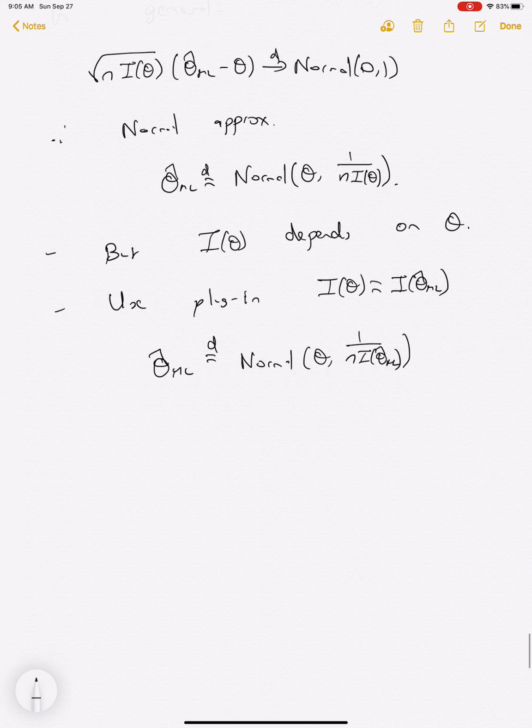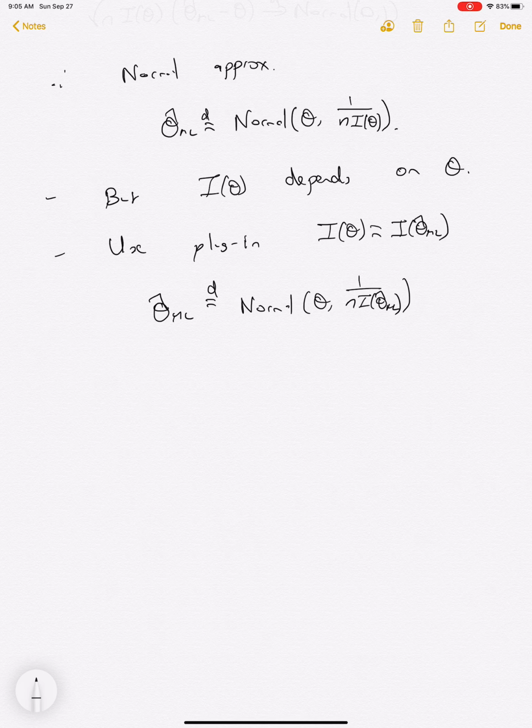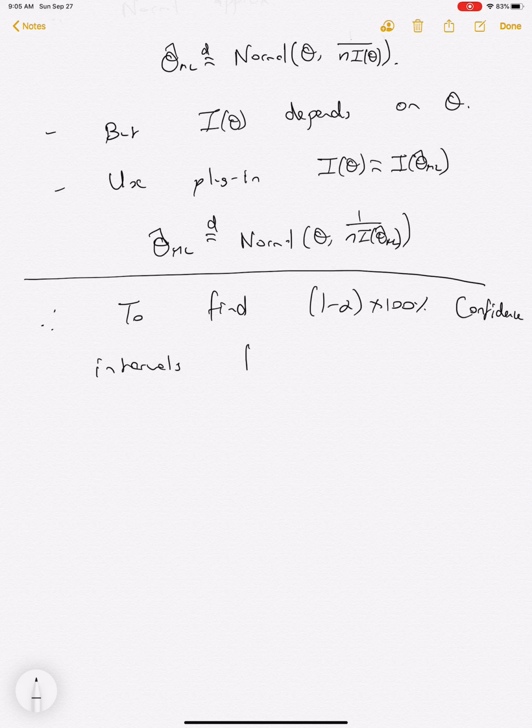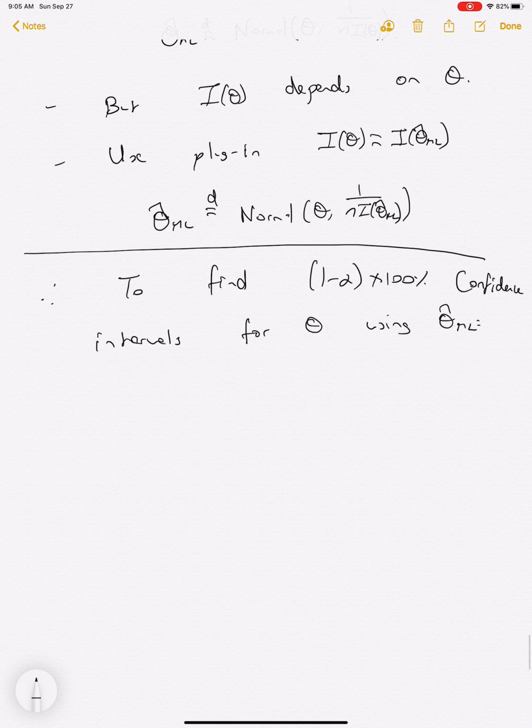Okay, and the final thing I'll say today is, to find these 1 minus alpha times 100% intervals, so that could be 95%, or any other percentage, we now have a procedure that allows us to do that using the maximum likelihood procedure.